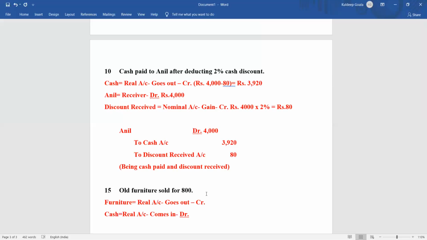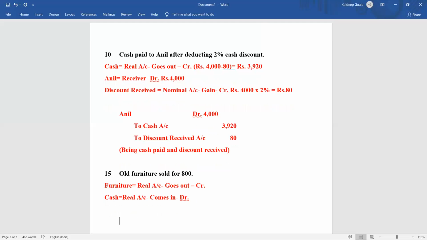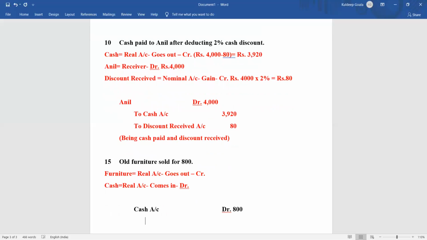So what will be the journal entry? It will be cash account debit, how much? 800 rupees, right? To furniture account, 800.